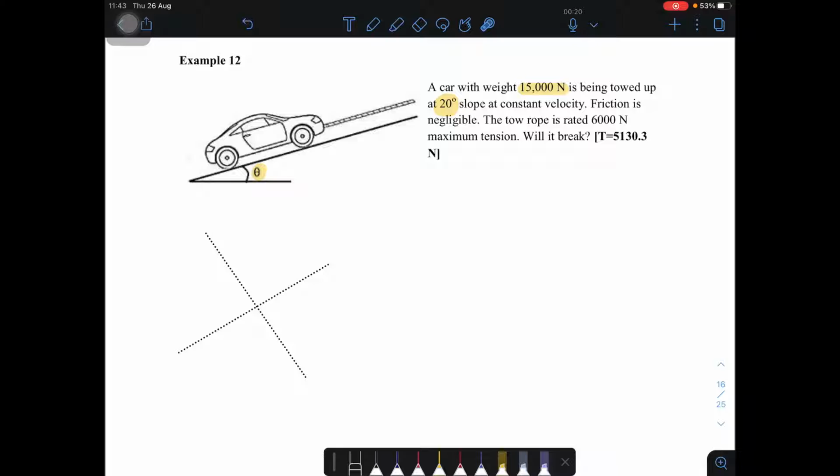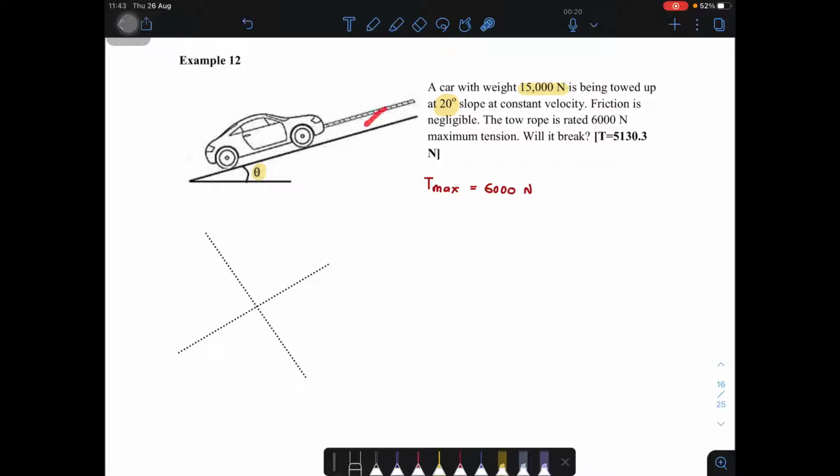It is moving with constant velocity. Okay, friction is negligible, meaning that we don't have the friction force here. And then given here, the maximum tension of this rope is 600 Newton. So, maximum tension, 600 Newton. And then it asks, will it break?